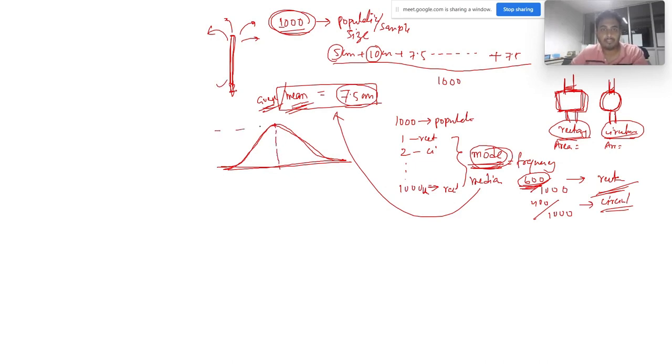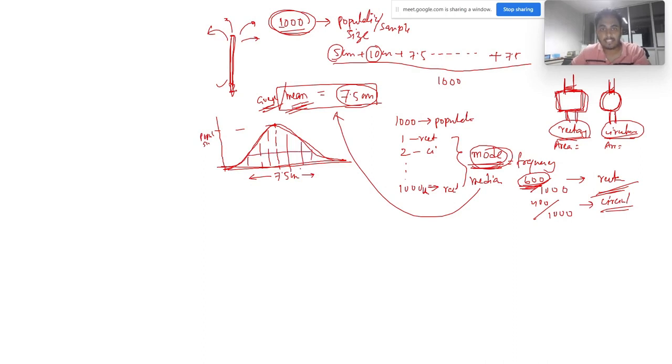So this particular axis defines the length, and this is the population size. People who say it is less than 7.5 are here, there are fewer people, and people who say it is more than 7.5 lie here.